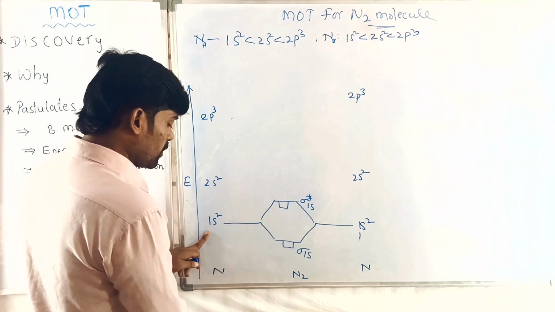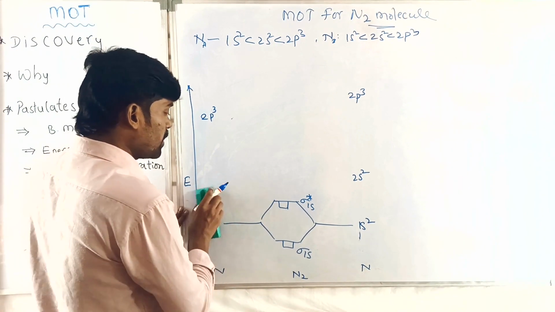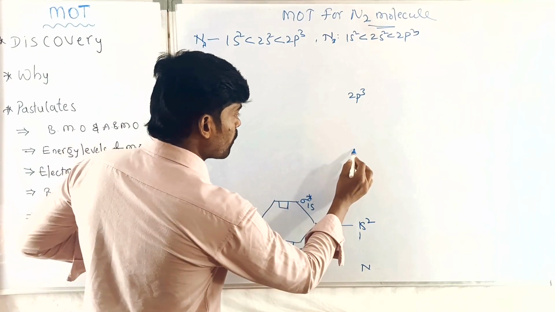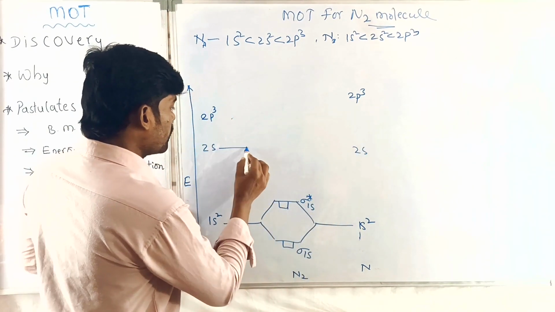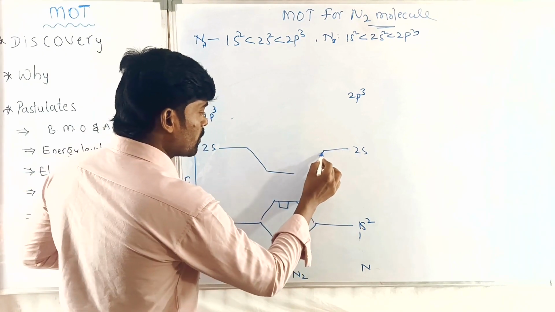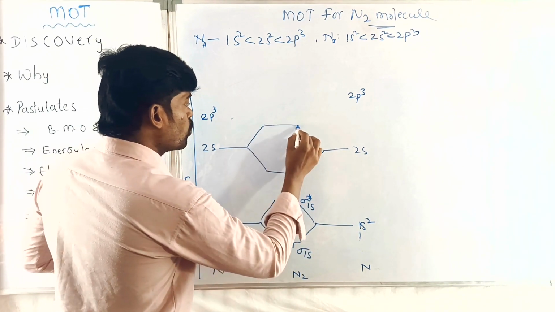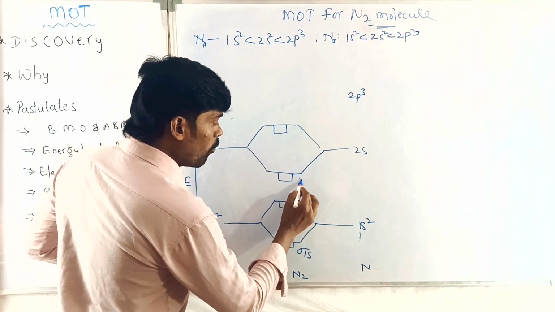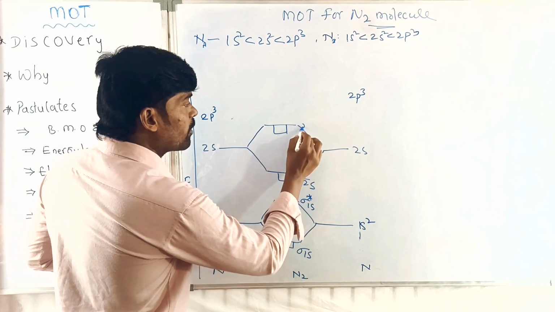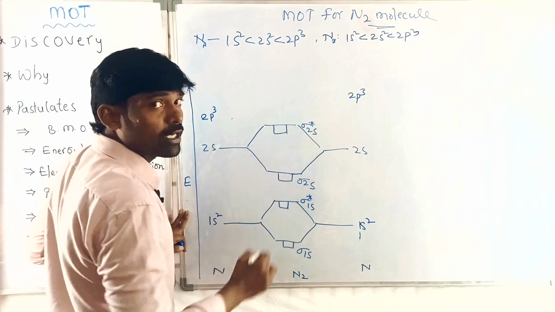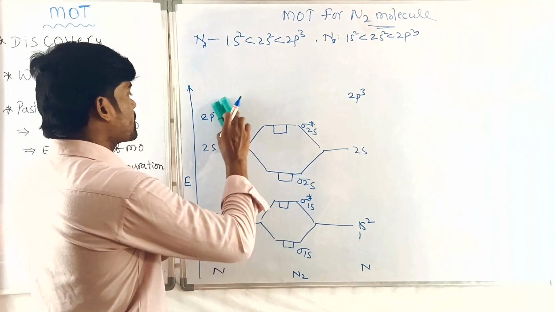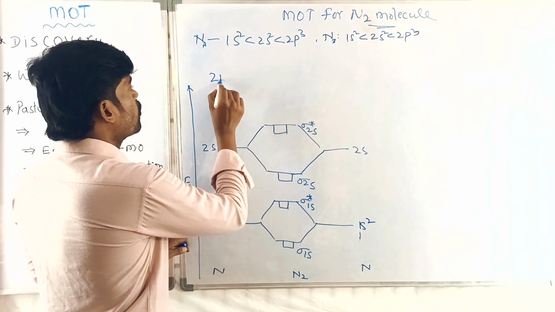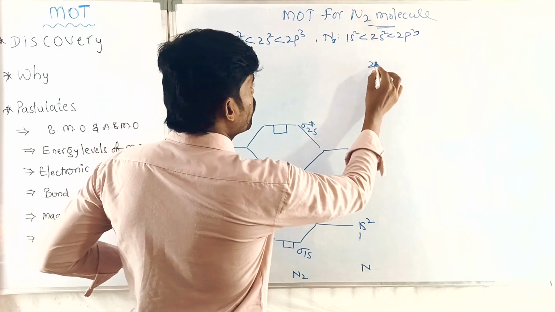In the same manner, 2s orbitals combine with each other and produce two molecular orbitals. One is bonding, the other is anti-bonding. Bonding is sigma 2s, anti-bonding is sigma star 2s. So next, the combination of 2p orbitals, 2p3 and 2p3.